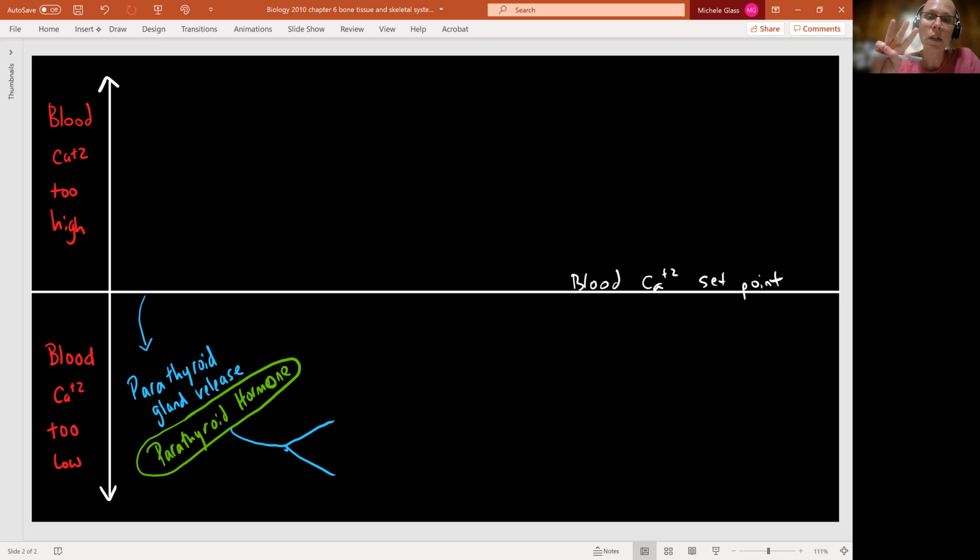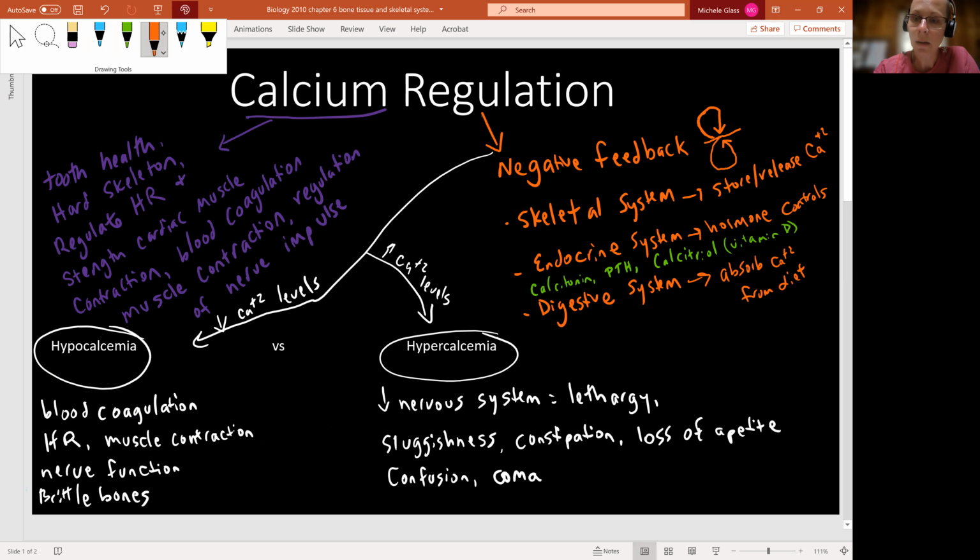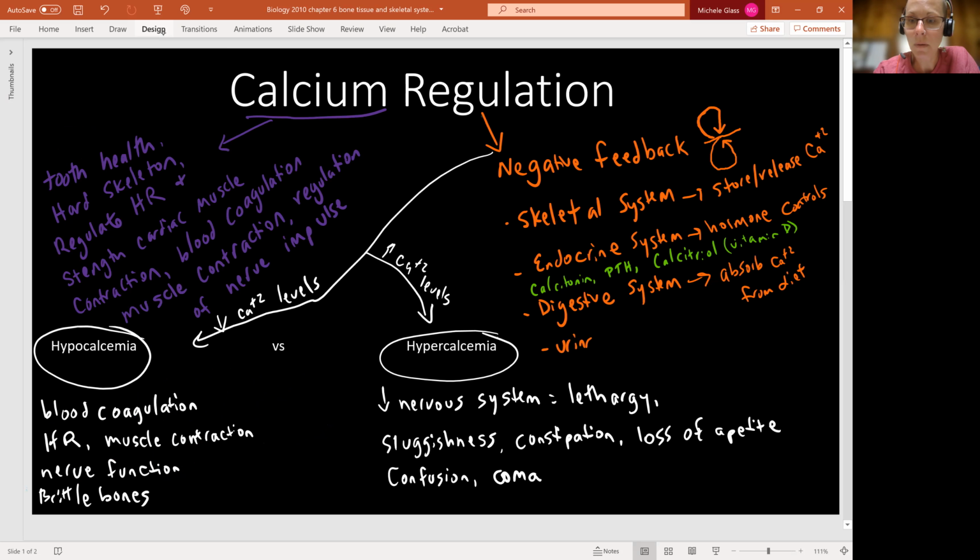Now, we have really 3 choices when it comes to regulating. Let's go back up to this other set of notes, and let's add urinary system to our list of systems that are involved here, because the urinary system can either retain, that means keep in the body, or secrete, that means part of pee, calcium ion.